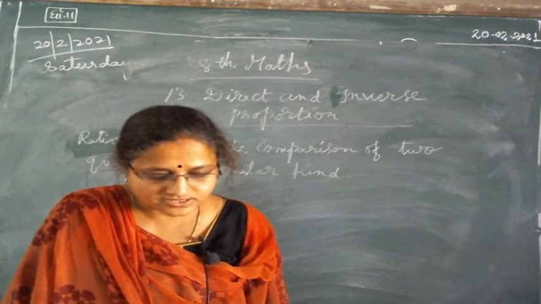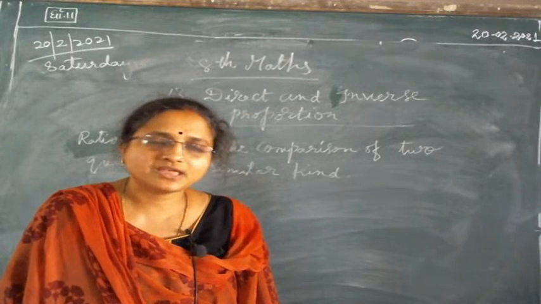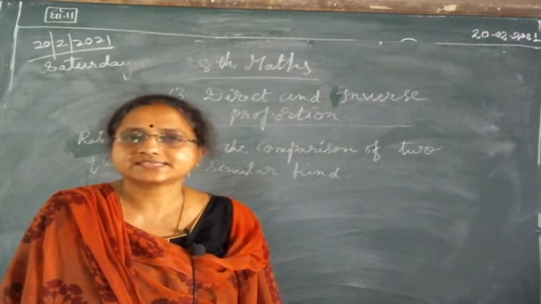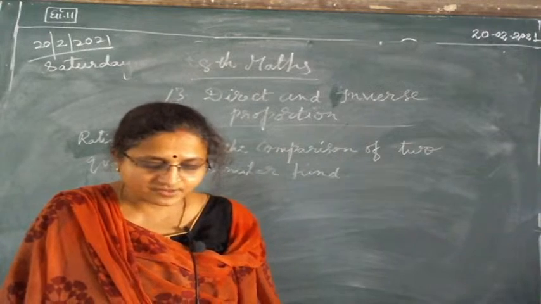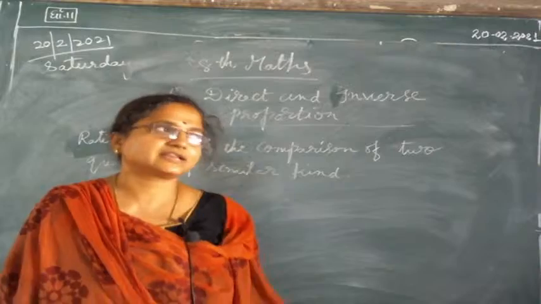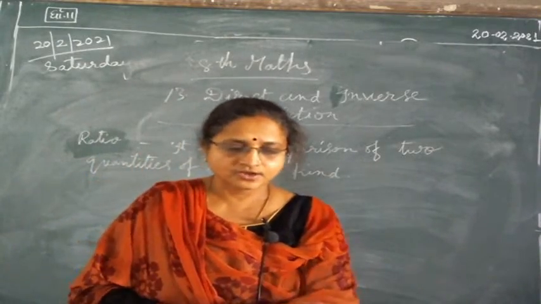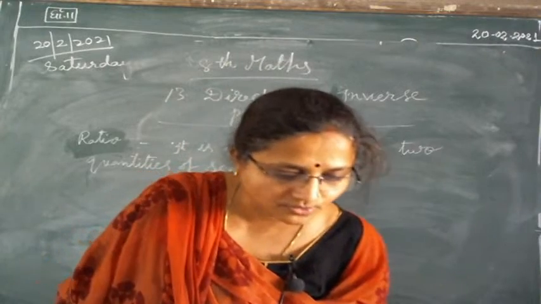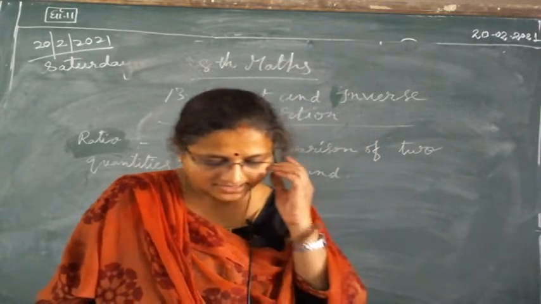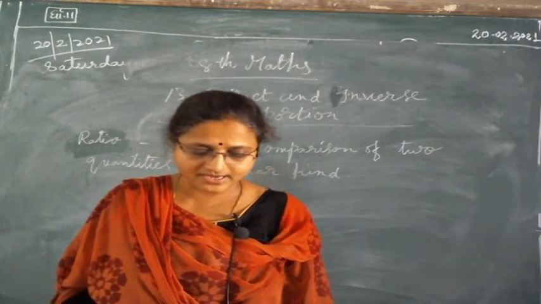So the units of both measures should be the same for the ratio. Actually, in a ratio the measures of the two units should be the same. And none of the measures should be 0 for the ratio. Next, the ratio must always be expressed in its simple form or in its lowest terms.